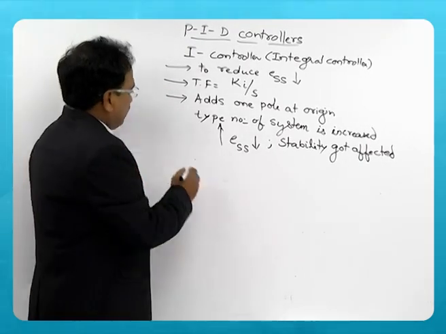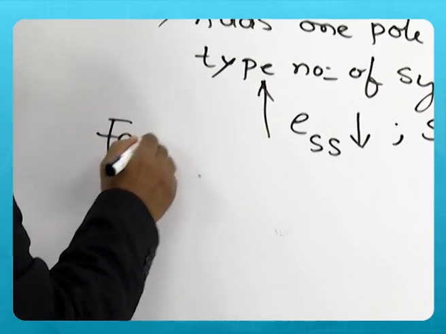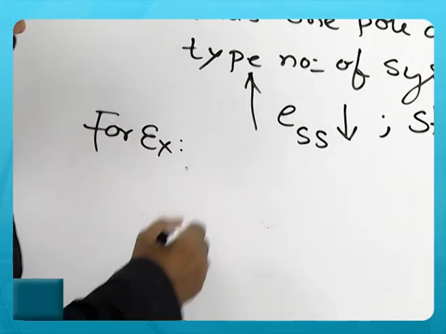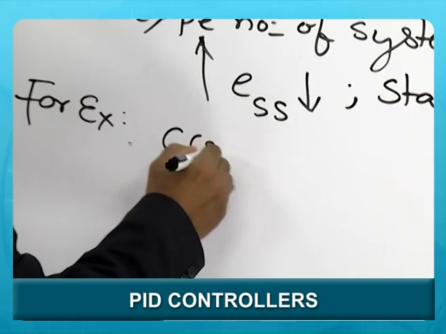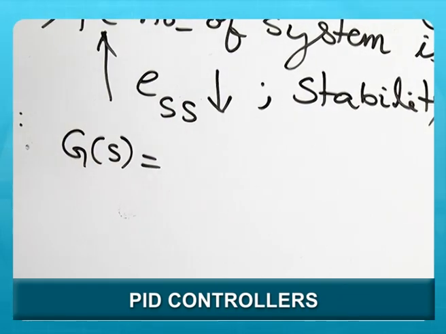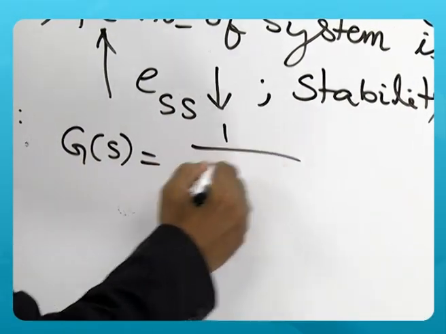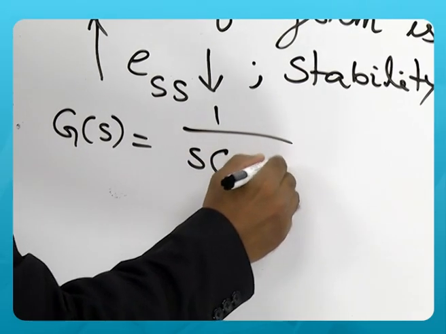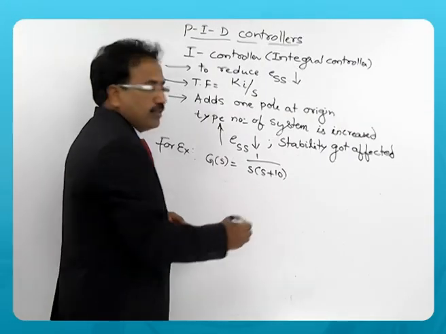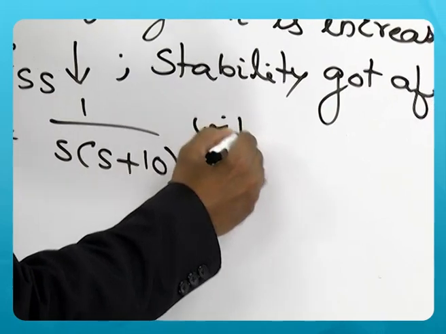For example, let us consider the system transfer function as 1 by s into s plus 10 without controller.